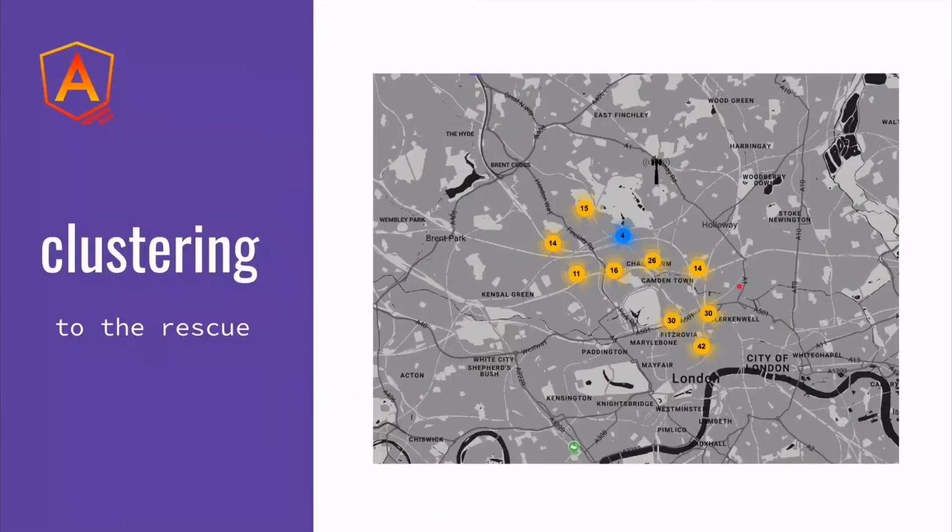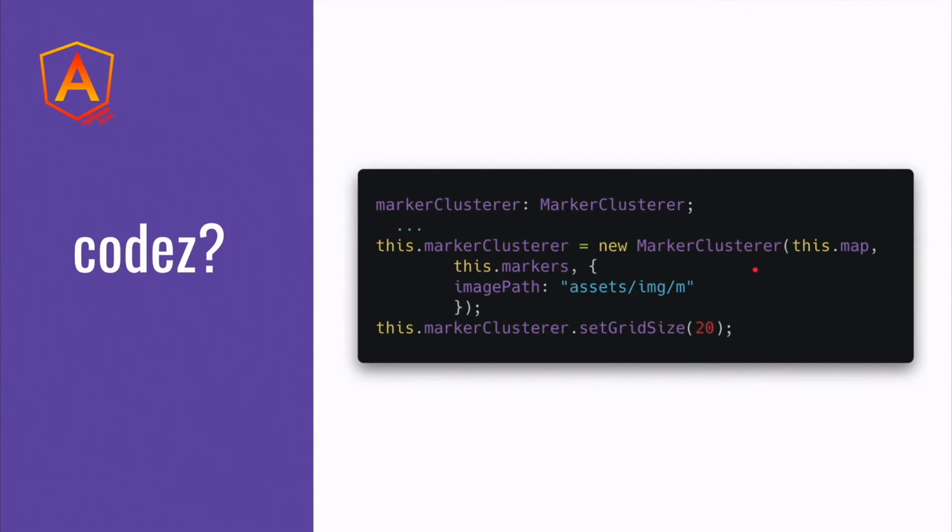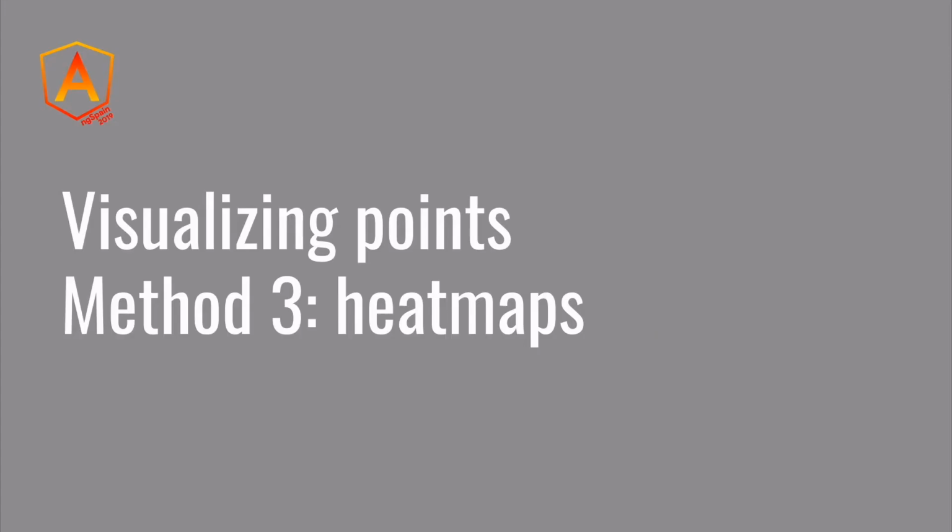If you compare this with this, we can get a lot more information from that. And this is done with Google Maps, of course. So how do you do it? You define the marker cluster class, and then you say which map it is on and which markers you want to cluster. You give an image to its cluster, and then you set the grid size. And we'll see in a bit what the grid size does.